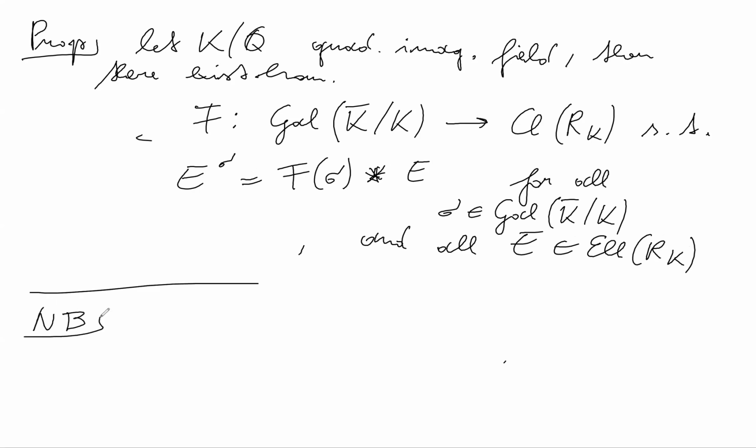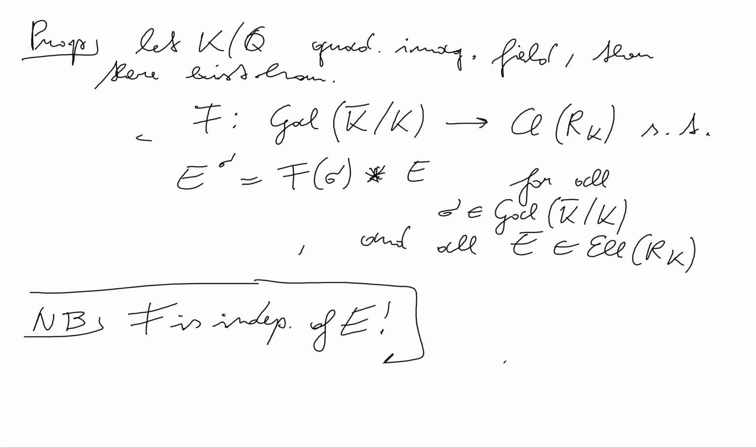Again, this is important: F is actually independent. This works for all elliptic curves in this set. And this would be the analog for elliptic curves that have complex multiplication by the order.